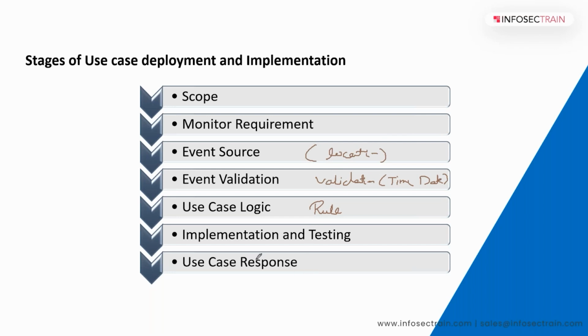After that, we are going to go with implementation and testing. Configure and test your SIEM implementation, your specific use case, and your desired output, such as reporting or real-time notification, or any old or historic notification.